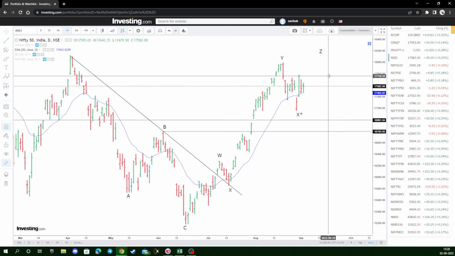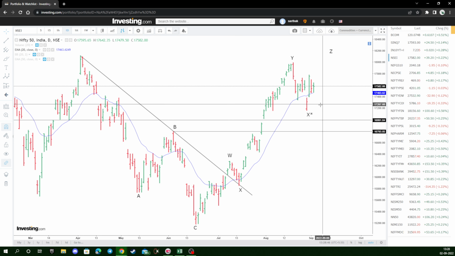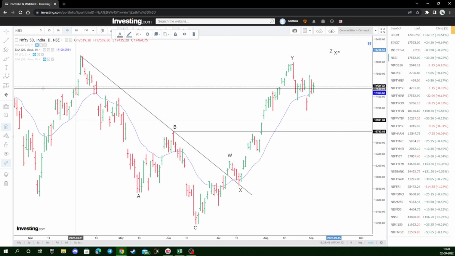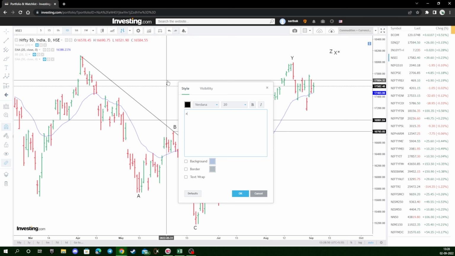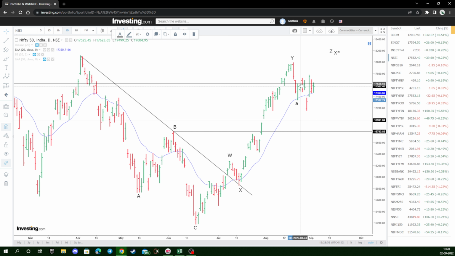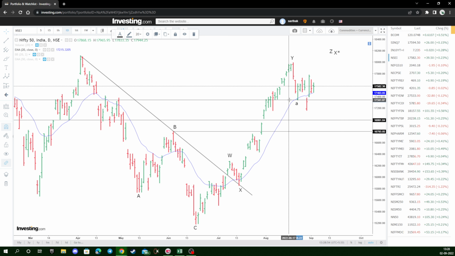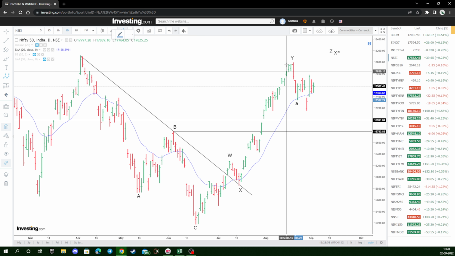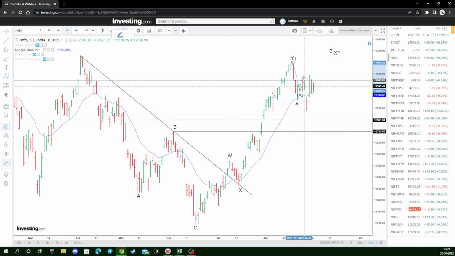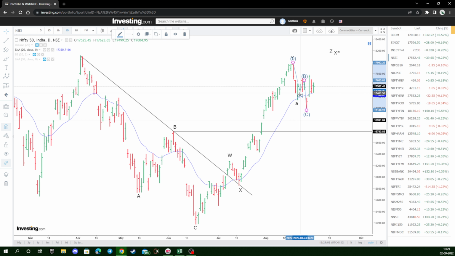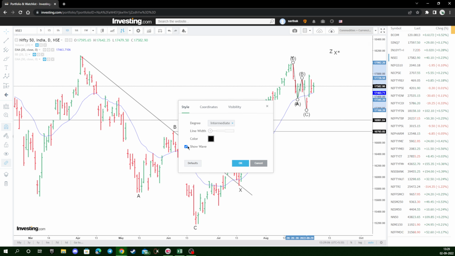But if in case we have to fall, then I also have this alternate count wherein I mark this as an A, B, C, and I continue marking this as an ABC, X, ABC.